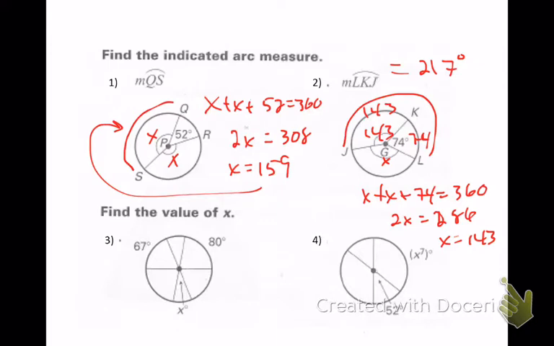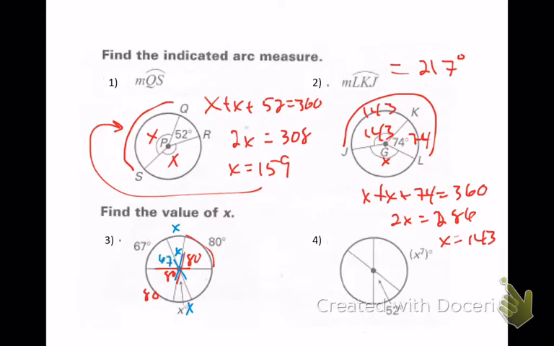Okay, a little tougher here. If this arc is 80, then this angle is 80. And then you've got vertical angles here. So this angle is 80, which means that this arc is 80. Okay? Now, if this angle is x, then this arc is x. Vertical angles means that this angle is x, which means this arc is x. And we can do this with the 67 as well.